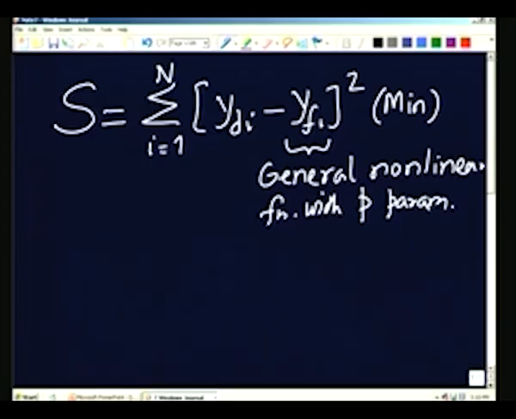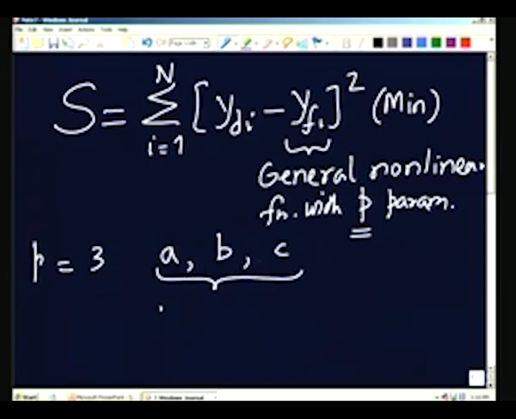So, what I have to do is find out the values. For example, if p is equal to 3, that means I may have a, b, c, chosen such that S is the smallest.